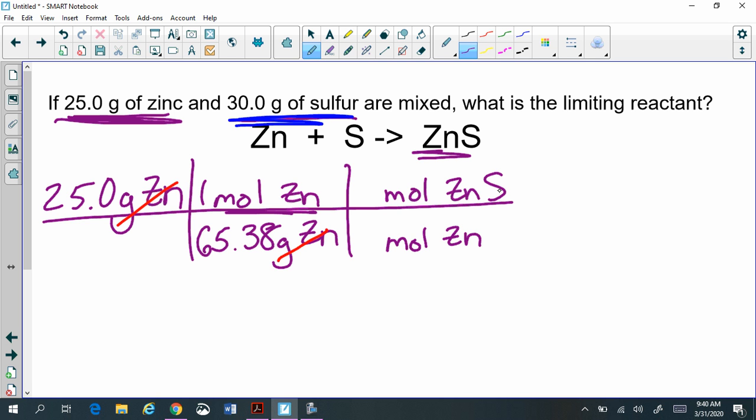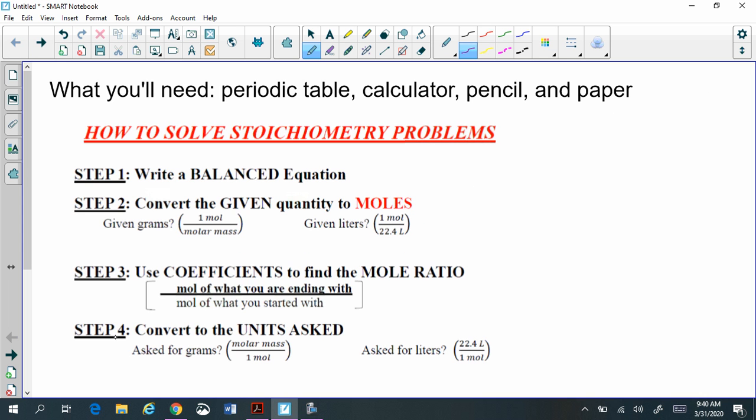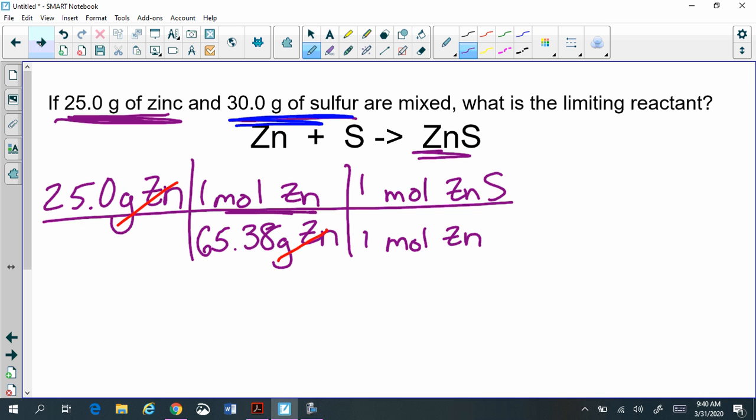So, in this case, both of our coefficients are 1. I'm going to plug in 1s. And you can stop there. You don't have to do step 4. Step 4 isn't necessary here because I don't care about how much ZnS I'm making. I care about which one of these two reactants is going to limit my reaction. So you can stop there.